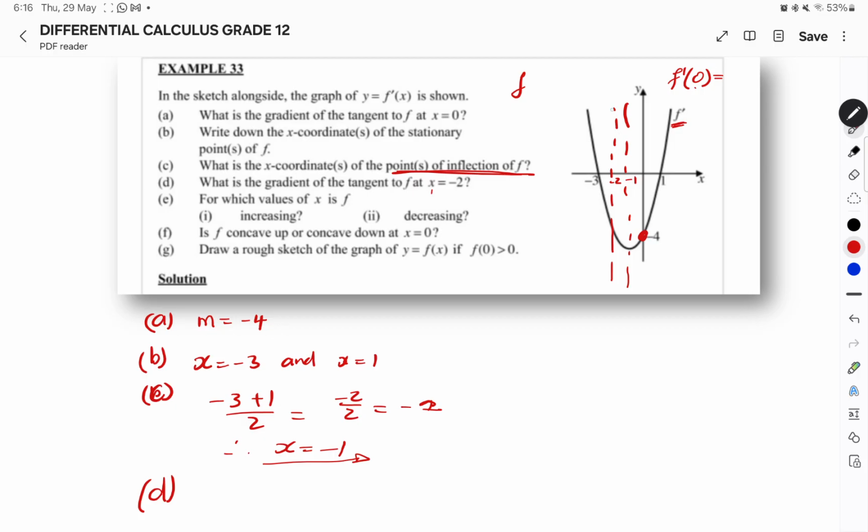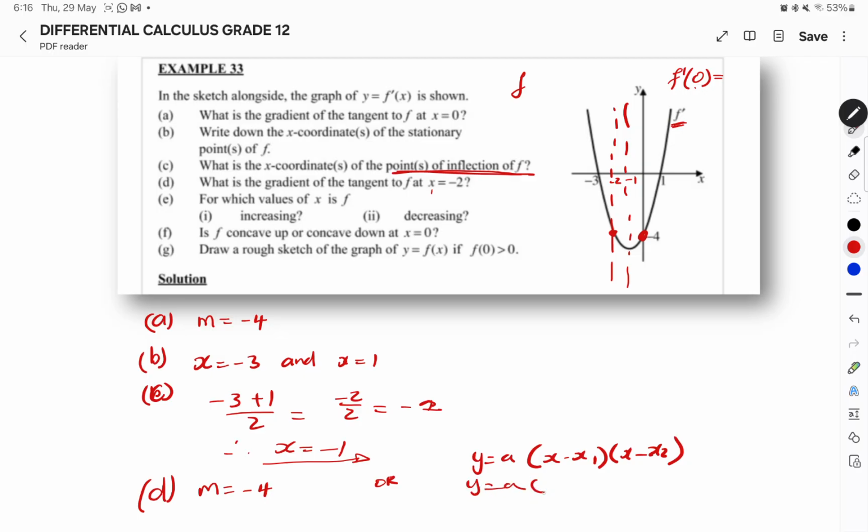By just looking at the graph at -2, the gradient could be -4. Do you understand the concept? So I can read it from the graph and say the gradient is -4. Or I can get the equation y equals a(x minus x1)(x minus x2).